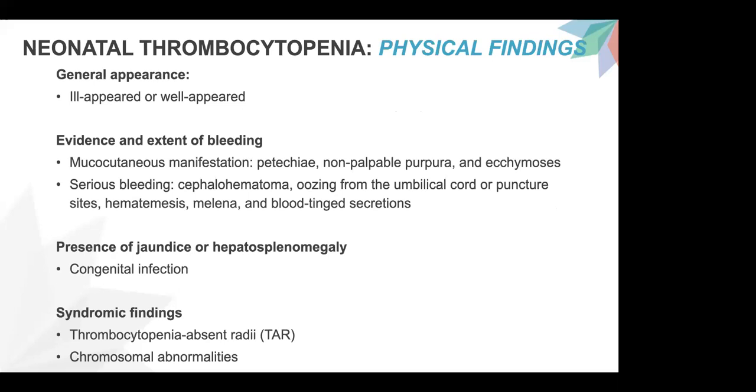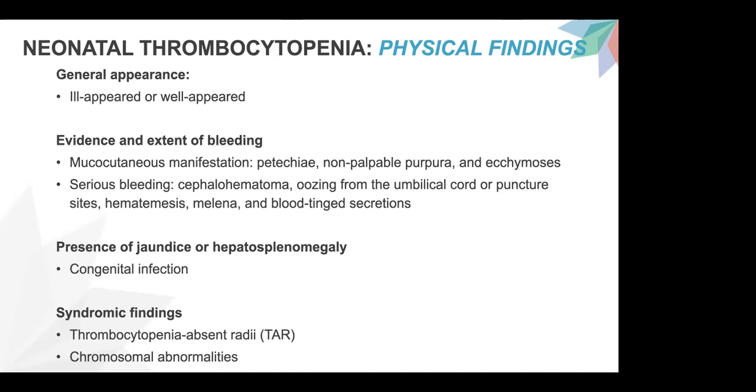Okay, from physical findings, first and foremost is by looking at the clinical status of the child itself. Whether this child is ill-appearing, like poor perfusion, respiratory distress, tachypneic, or the child is well-appearing. Okay, next is by looking for evidence of bleeding as well as the extent of it.